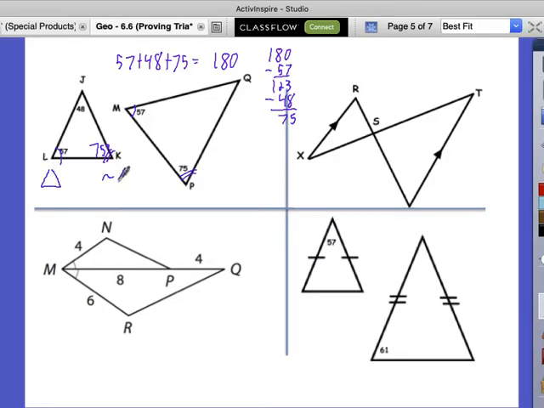Triangle LKJ is similar to triangle MPQ. Very good.